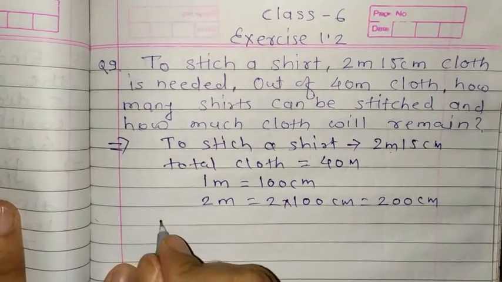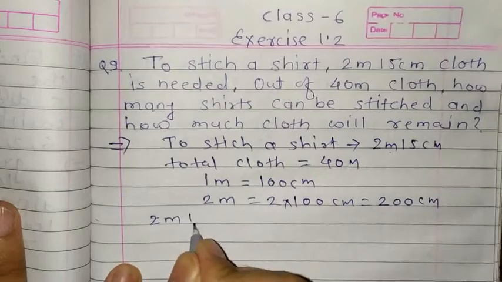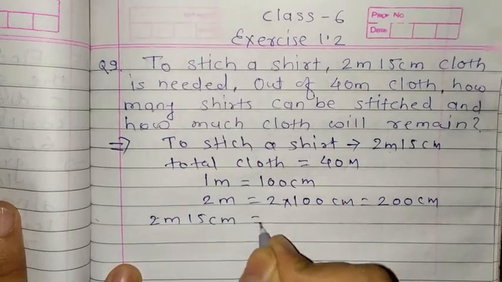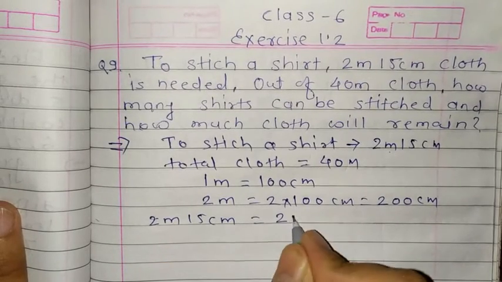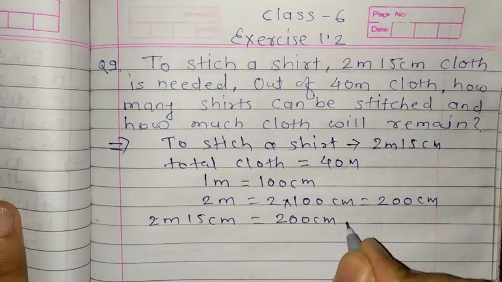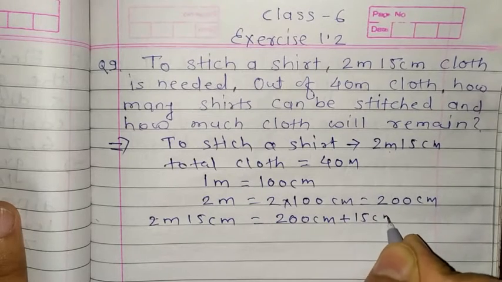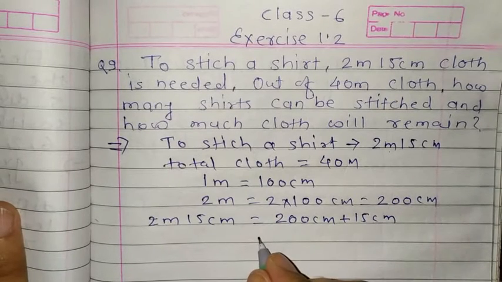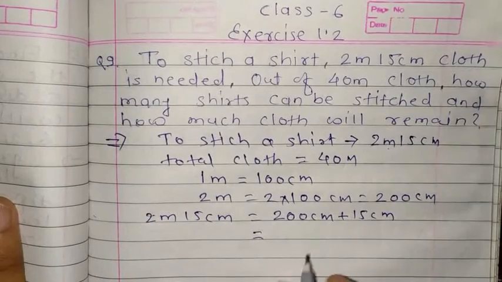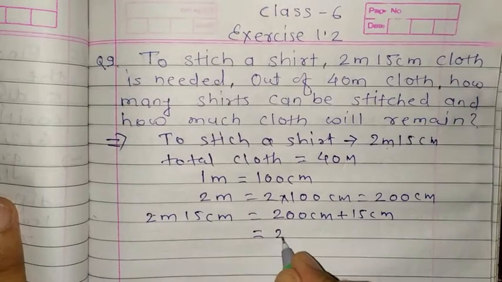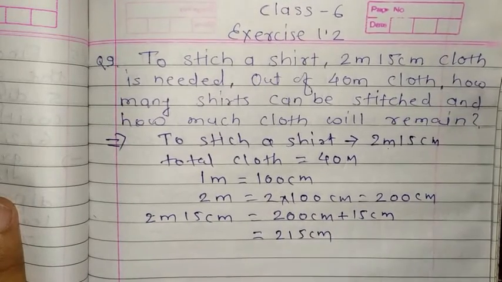Our value is 2 meter 15 centimeter, so 200 centimeter plus 15 centimeter, the total is 215 centimeter.